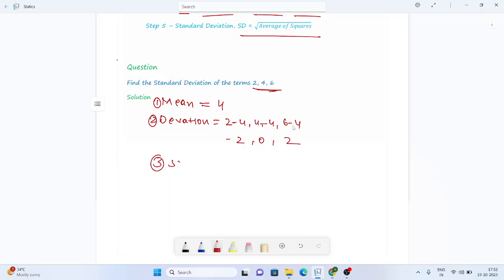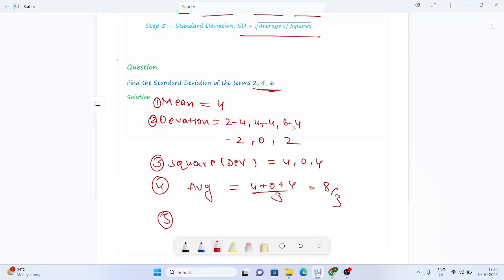Then you have to square them, the squares of the deviations, which are 4, 0, 4. Then the fourth step is to find the average of that, the mean of that. So 4 plus 0 plus 4 is 8, by 3, 8 by 3. Then you take the square root. The standard deviation is the square root of that average, that is root 8 by 3.